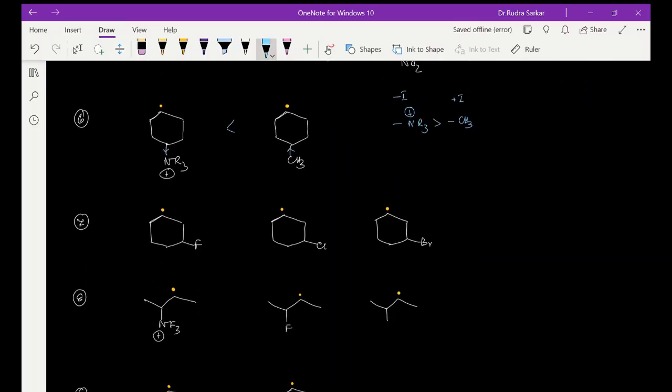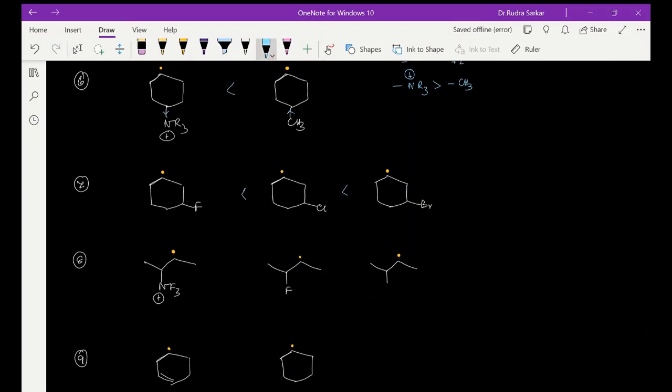Again, if we compare the electronegativity of fluorine, chlorine and bromine, bromine is least electron withdrawing or has the least minus I effect than that of fluorine. So obviously the stability order will be the bromine containing radical more stable, then chlorine, then fluorine.